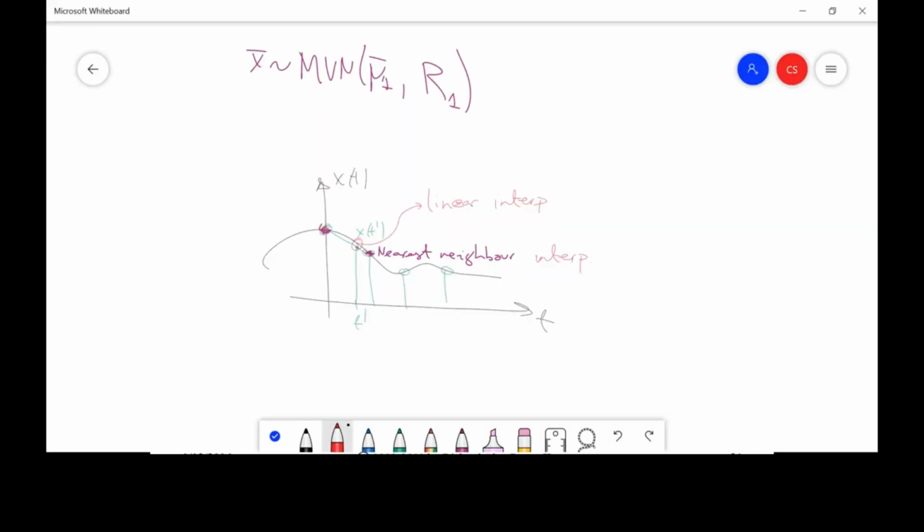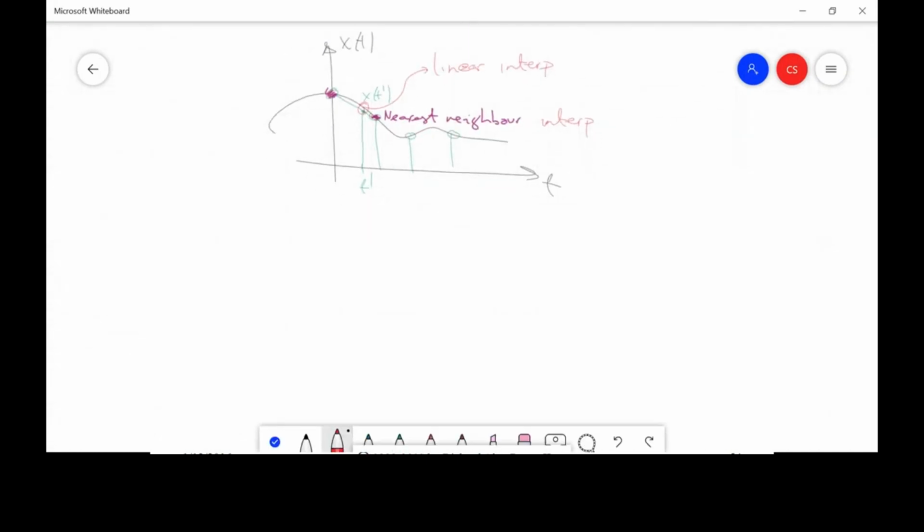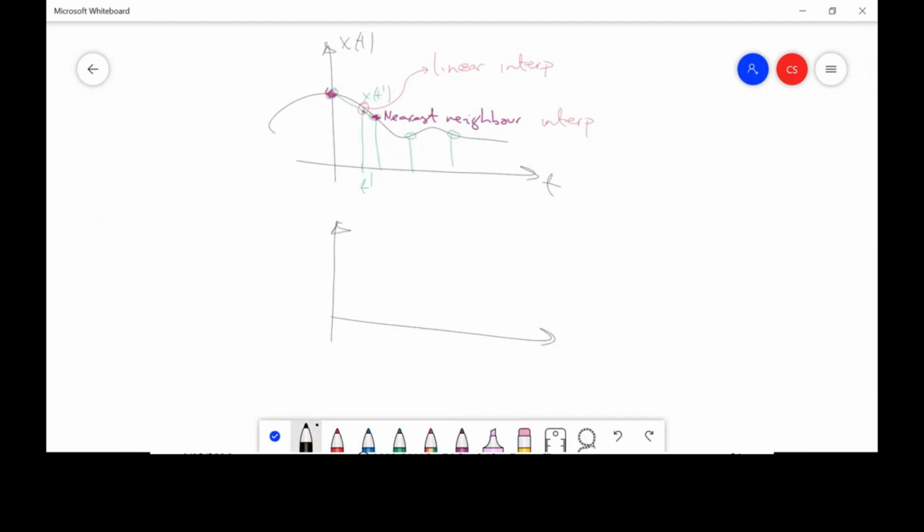For instance, let's say that we have this problem again. And we have these samples, and I will exaggerate them. These are green. We have this sample, this one, and we want to produce two intermediate samples.